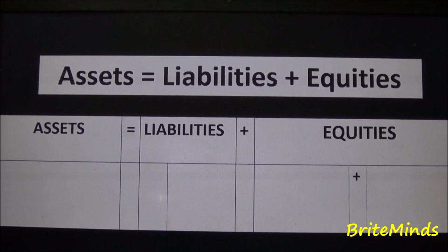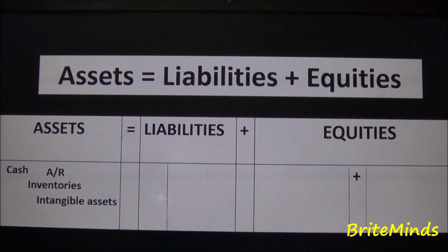We can see on the left side of the equation the asset side. So these are the accounts: we have the cash, the accounts receivable, the inventories, the intangible assets, and the PPE. Under the liabilities, we have the accounts payable and the unearned revenues.